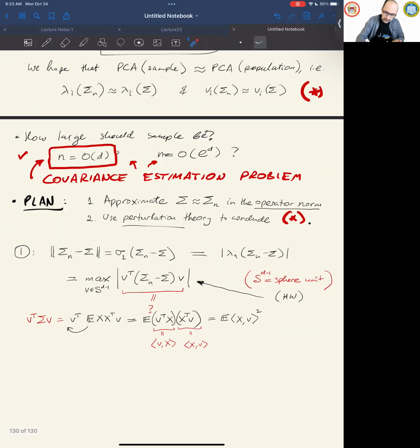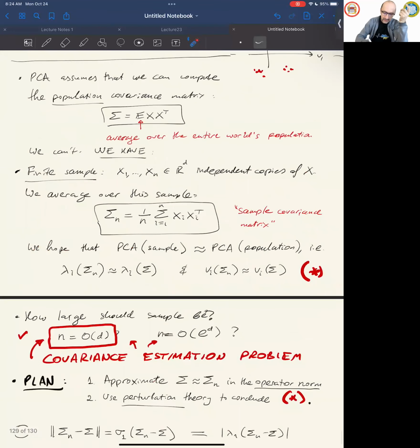And the second term is with sigma n, but we can guess what it is: v transpose sigma n v. Let's just think instead of trying to compute this. If I take the quadratic form with sigma, I get this expectation. Now just imagine I take the quadratic form with sigma n. How is sigma n different?